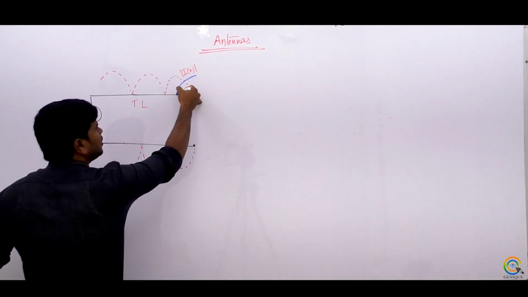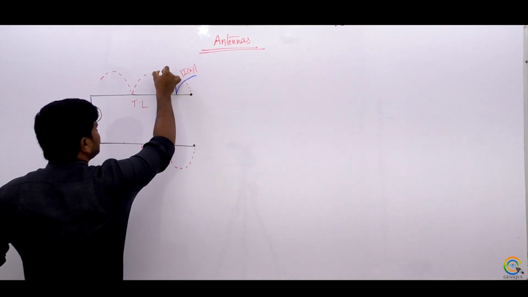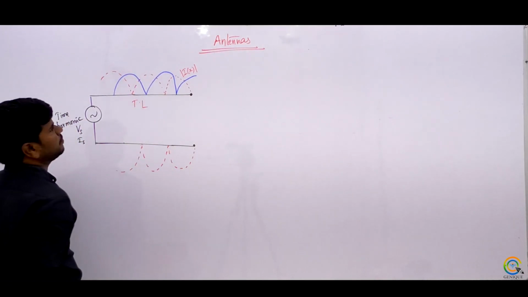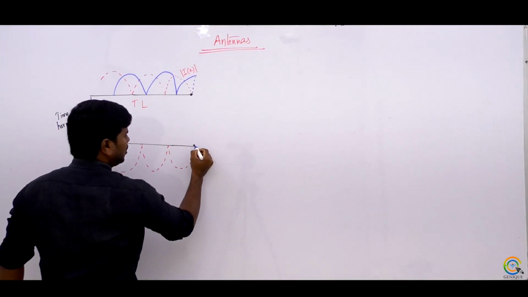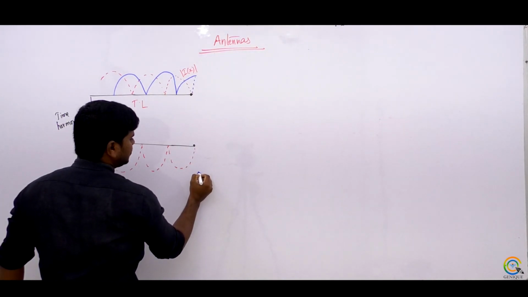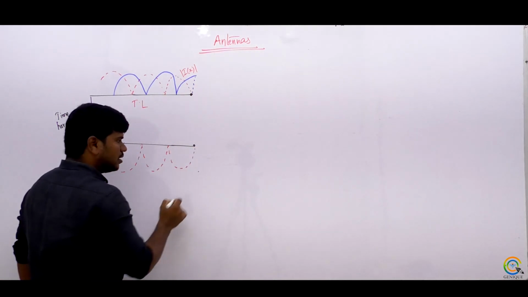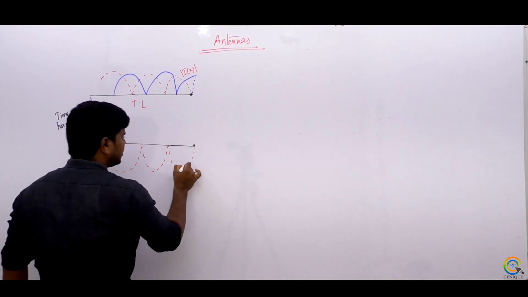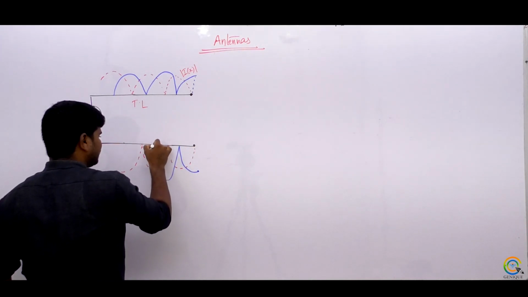Wherever there exist current maximas, there exist voltage minimas. So you will get it like this. These are the current maximas, and here there exists a current minima. Here you will get a voltage maxima, and here a voltage minima like this.